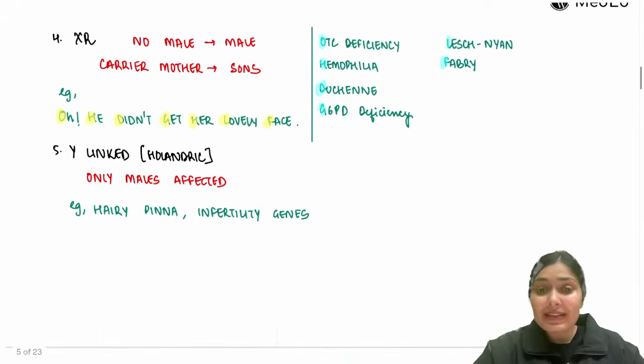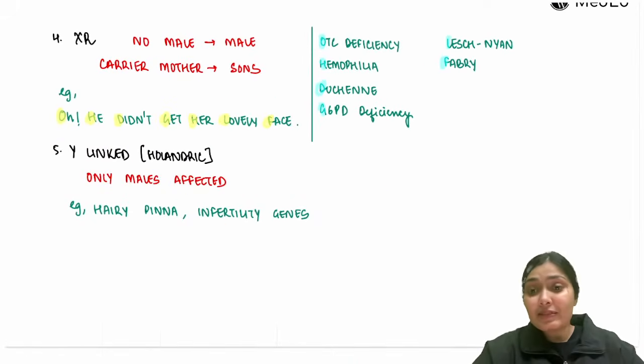Now let's move to X-linked recessive. Now in X-linked recessive, I need both affected X. Or if there is a male child, then definitely the male child has one single X. So if a carrier mother is there, that can pass down to all the sons. So no male to male again, but carrier mother can give it to sons.